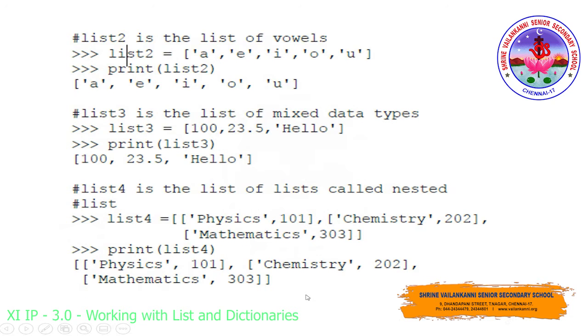Let us see the next example. list2 is a variable, and for that variable they have created a list with vowels like A, E, I, O, U. When we are creating a list, each and every value will hold an index position. For example, A will hold index position 0, E will hold index position 1, and I will hold index position 2.